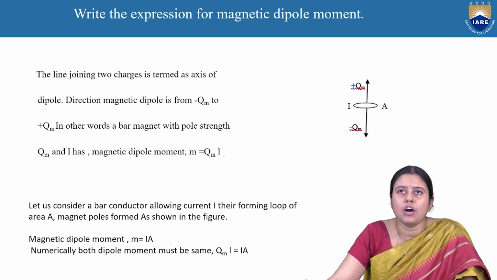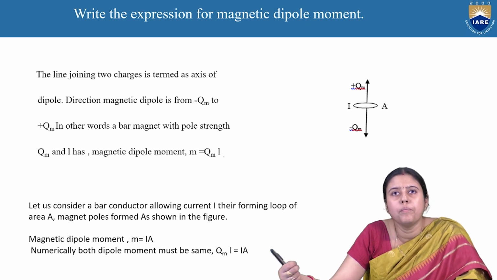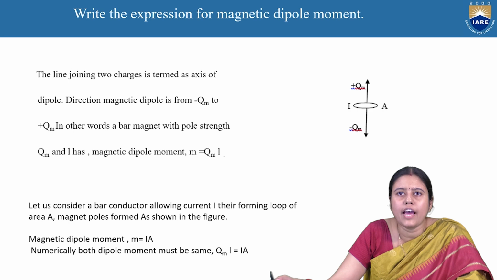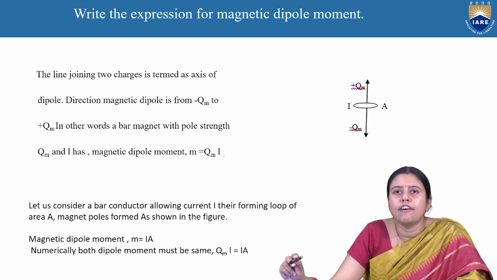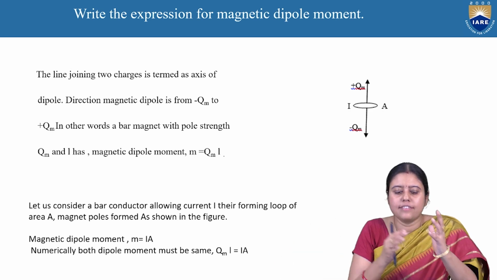Write the expression for the magnetic dipole moment. What is the meaning of the dipole moment? Dipole moment means the torque needed to rotate something.